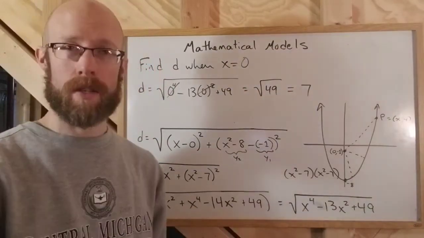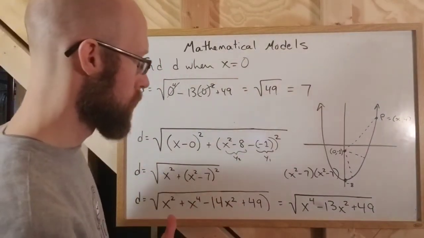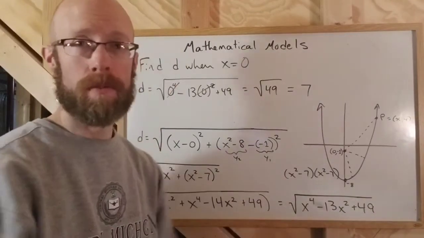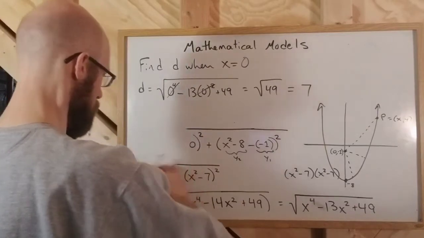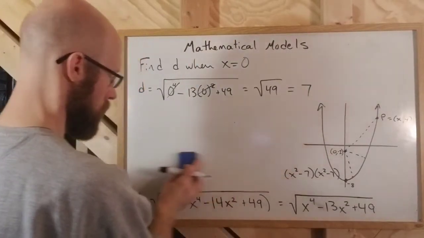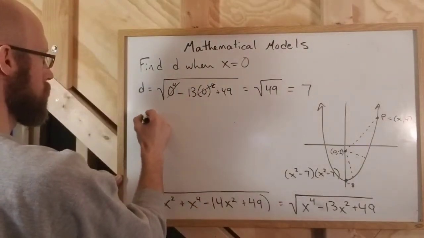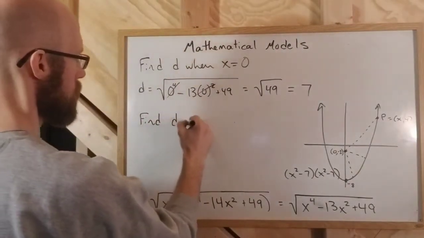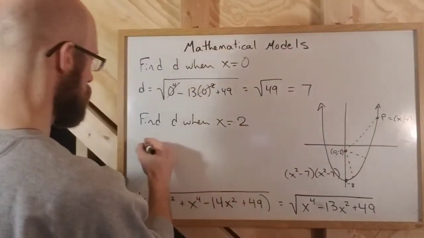That matches up with the picture that I drew there. Let's try another one. Let's say when x is equal to, I don't know, maybe a value of 2, right? So if x is 2, let's see what happens using this formula. So find d when x is 2. So I plug in the 2.